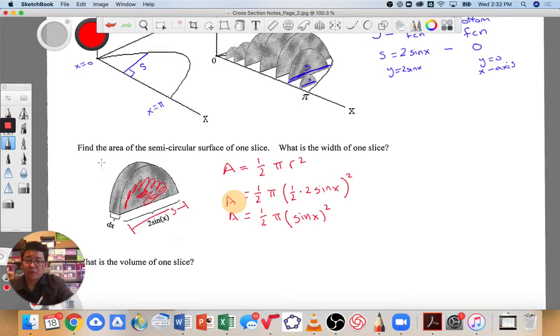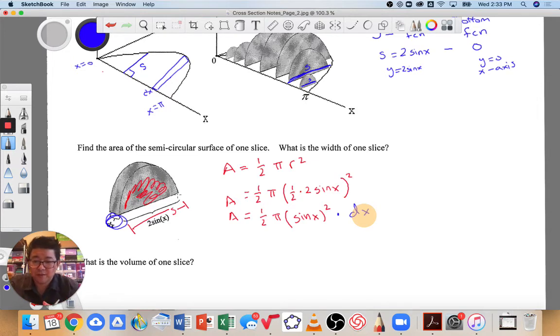Now, in order to give this thing volume, we need to figure out what the width of one of those slices is. So we're going to create a little bit of thickness right here. We're going to call it dx. That's how thick our area is going to be, and this will give us a certain type of volume.